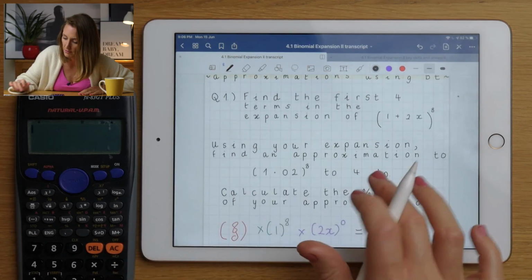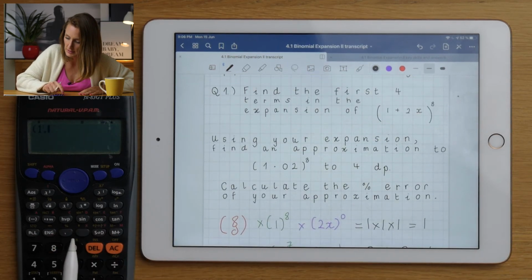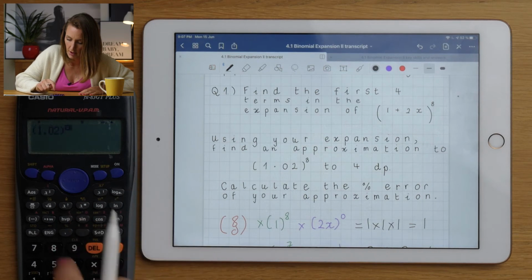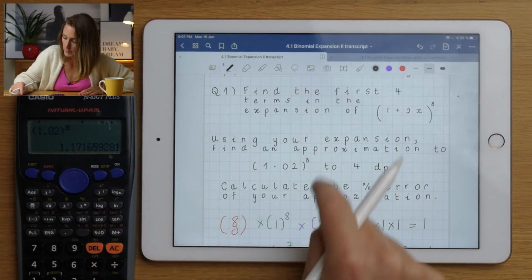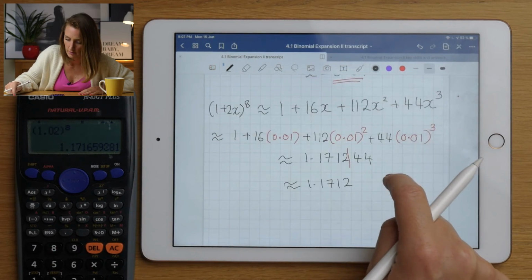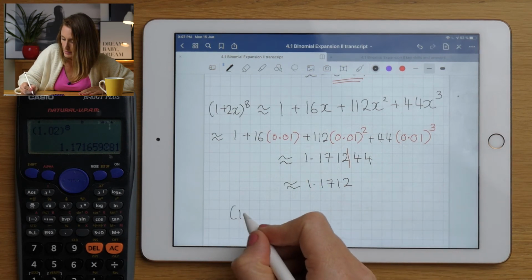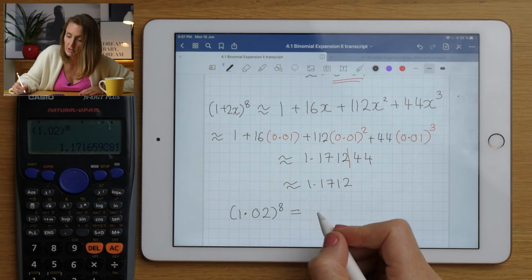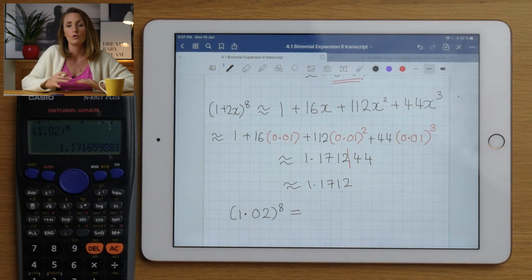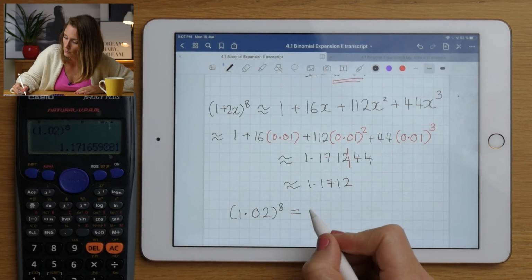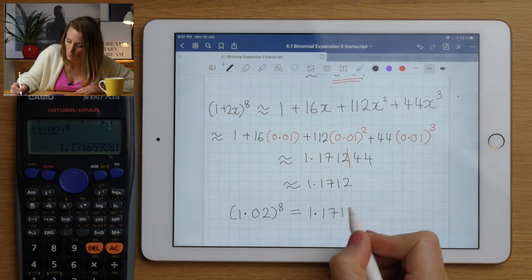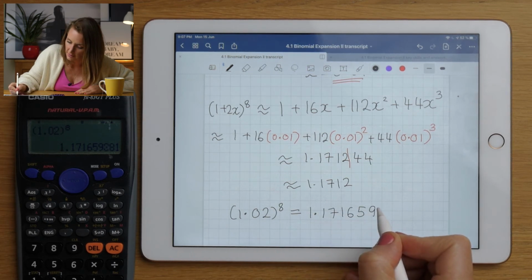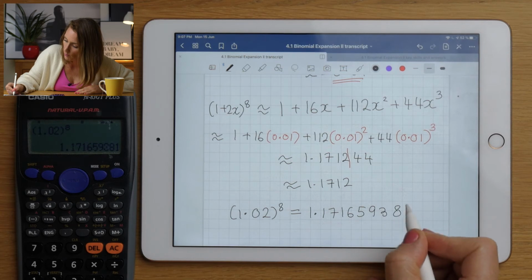If we were to have the perfect answer for 1.02 power 8, imagine if we put that x into all of those 9 terms, it would be 1.171659381.